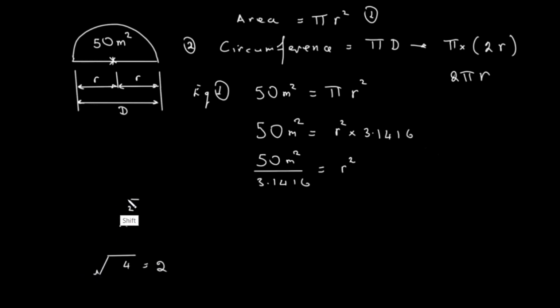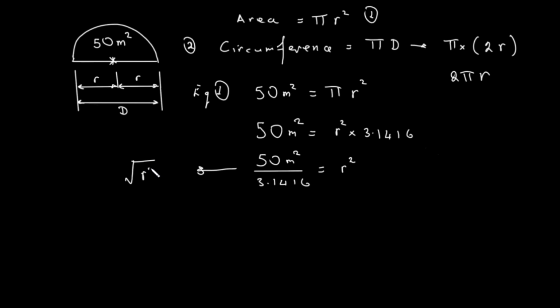So what it amounts to is this action here undoes that action there. It cancels it out. So to have r on its own, we need to square root this side. Let's just get rid of that. So we have here, I'll write it out.